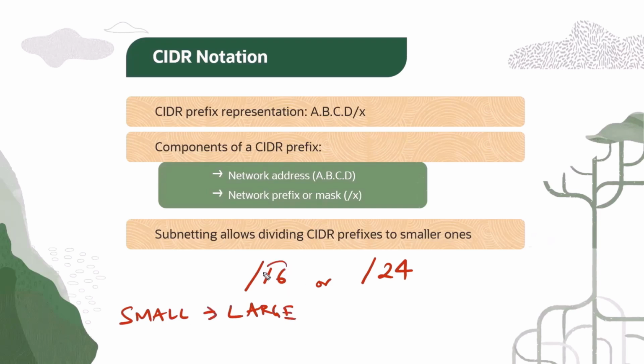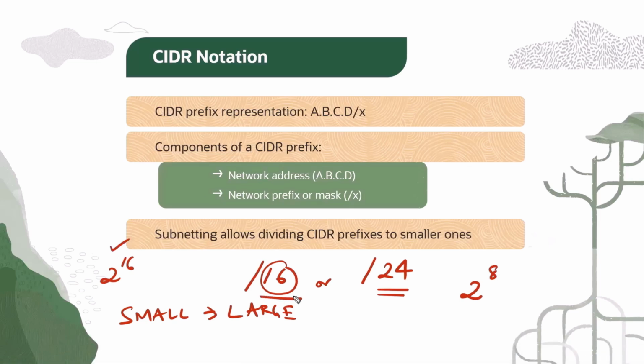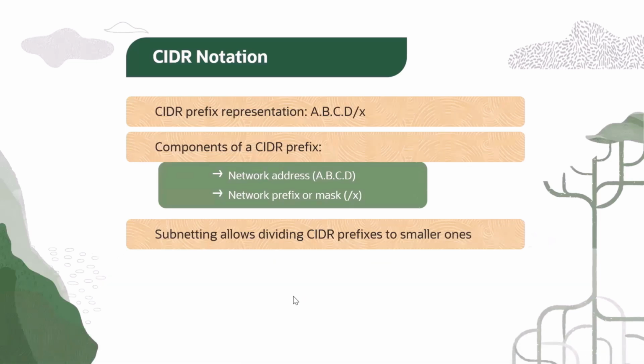The smaller the number, the larger the network. Because we have seen /16 gives us 2 to the power 16 IP addresses, whereas /24 gives us 2 to the power 32 minus 24, which is 8. So /16 is a bigger network compared to /24. This is also something you need to understand.